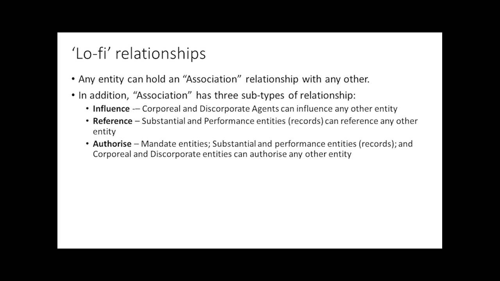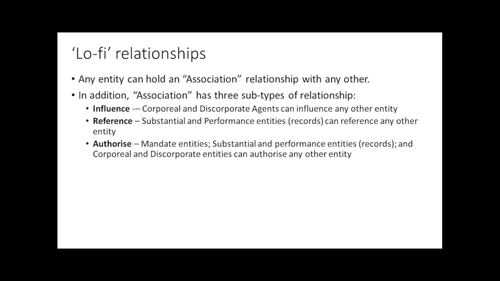There's an influence relationship, which is like owns, controls, acquires, disposes, all of those verby kind of things. A reference, which is saying these records refer to this thing, without actually knowing what the performance was and who all the actors were. And a mandating kind of way. So you can say this organisation authorised this thing to happen without, again, thinking what was the performance, what was the mandate, what were the instruments, all of that kind of thing.